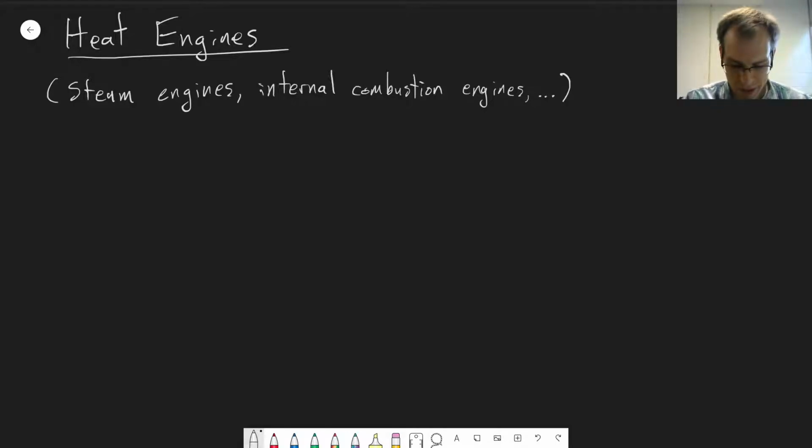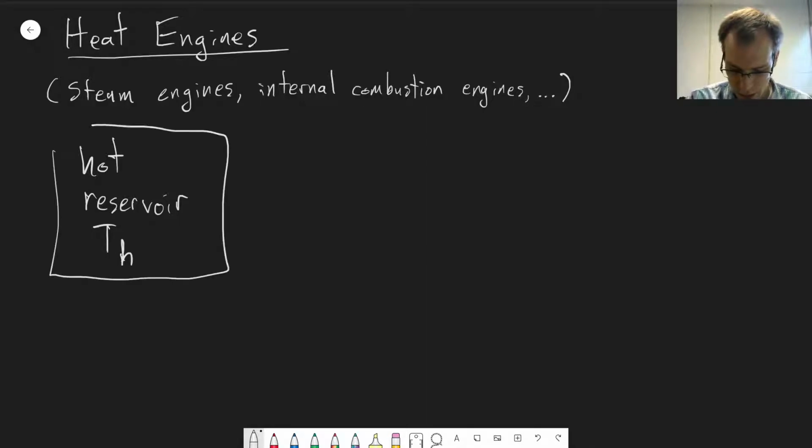The basic idea is that we want to try and convert energy in the form of heat into useful work. The process by which this happens is that we have some sort of hot reservoir at a temperature TH. This could be something that's being heated by a fire for our steam engine, right? We heat up the steam, that's our hot reservoir.